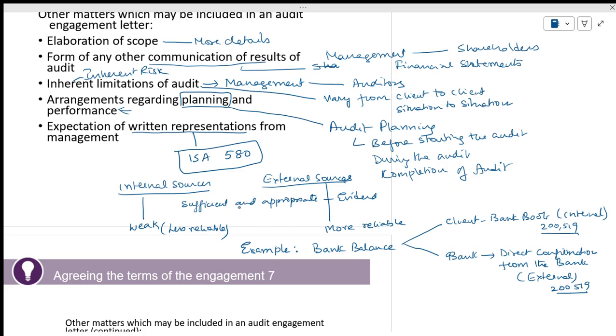The auditor has the right, with the permission of the client, to approach a bank or any third party to get a written confirmation.